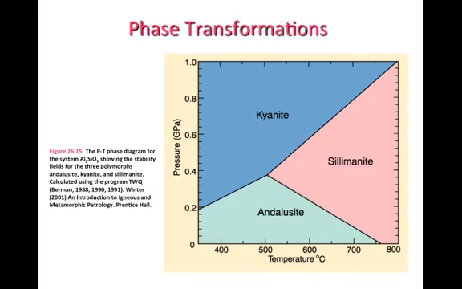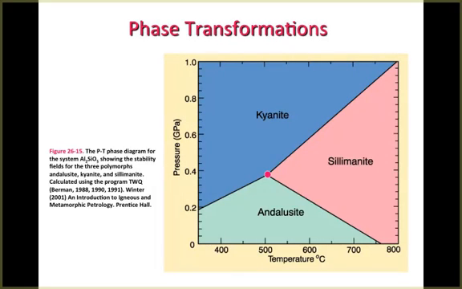And it would also be equally unlikely to fall on those pressure-temperature conditions right on that phase boundary where you'd be crystallizing sillimanite and kyanite at the same time together, or sillimanite and andalusite at the same time together.